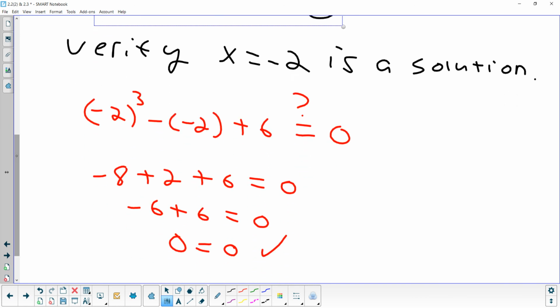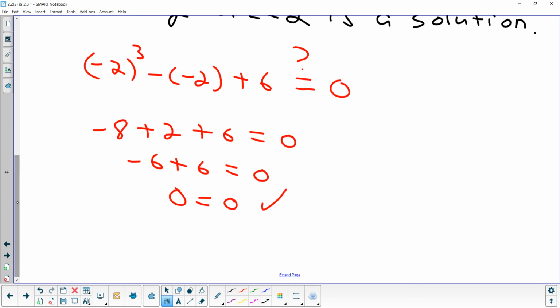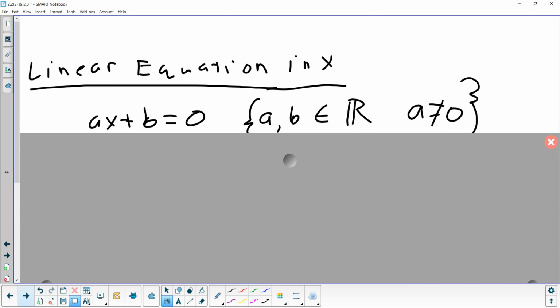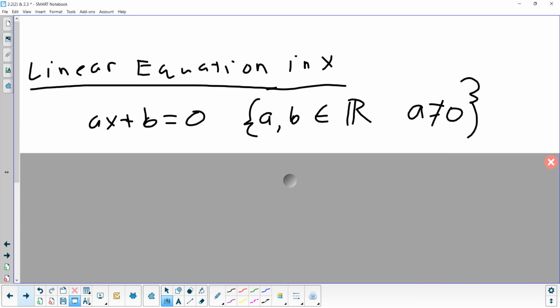Okay. Any questions on that? So, linear equation in x. This is what a linear equation looks like.